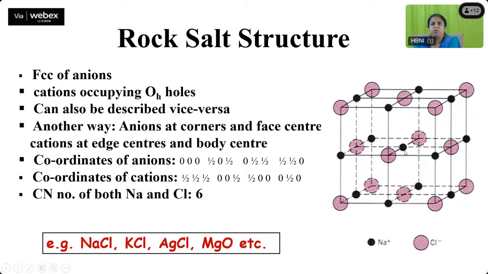Let's say my atom of interest is this sodium, which is at the body center. How many chlorides are surrounding it? You count with me. 1, 2, 3, 4, 5, and 6. That means sodium is surrounded by an octahedron of the chloride.